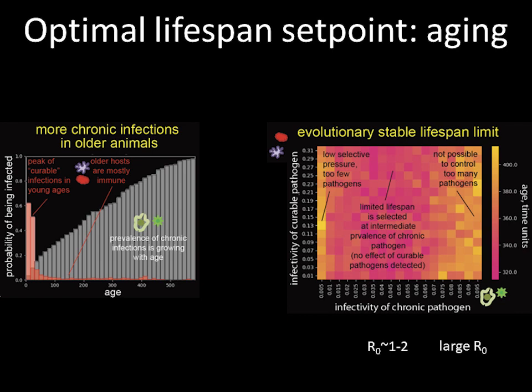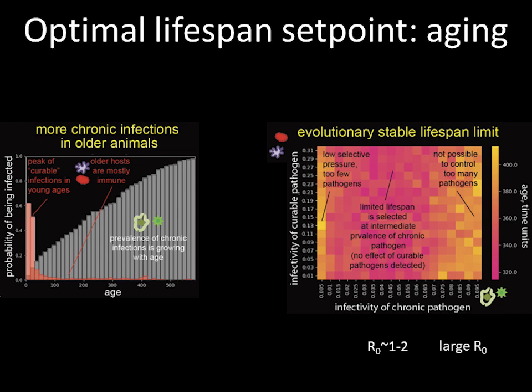So as before, only infections with low transmission rate, R0 around 1 or 2, are important, because if everybody gets an infection at an early age, like CMV, then aging will not help, right?